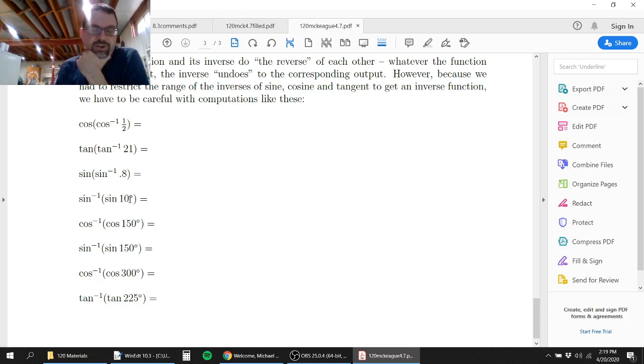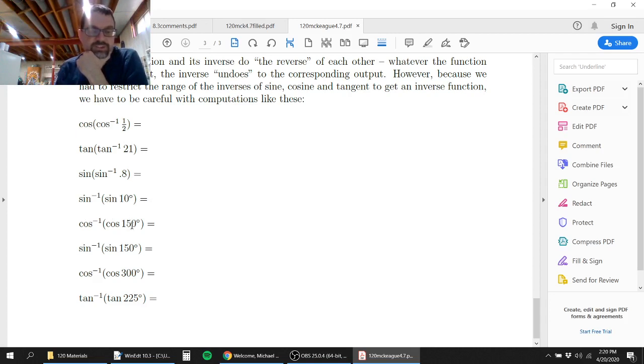It starts to be hard to almost understand the words because you feel like you're just repeating yourself. But yeah, we're trying to say two things that kind of cancel each other out. All right, so the sine of 10 degrees is some number. The inverse sine gives you the angle whose sine is that number. Well, the whole point is that number came from the sine of 10 degrees. So yeah, you get 10 degrees.